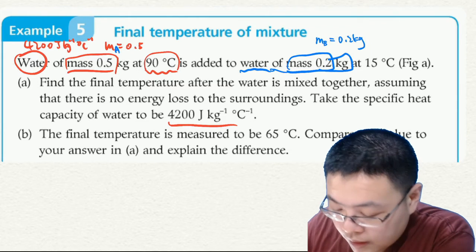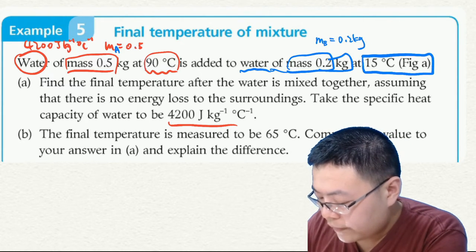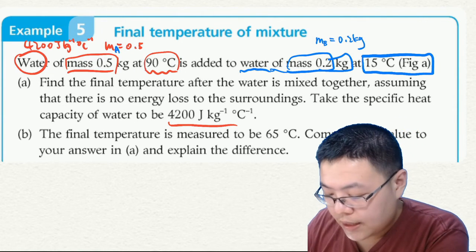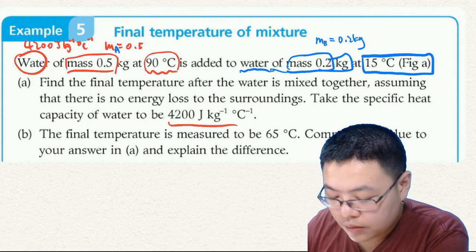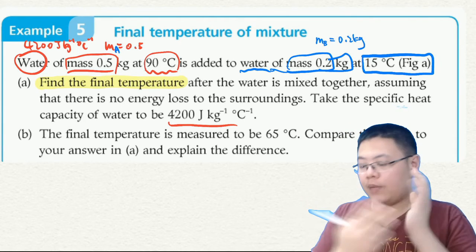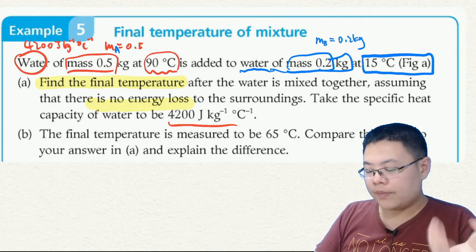Let's say this is MA, this is MB. This time the water is at 15 degrees Celsius, so it's very cold. The question asks us to find the final temperature after the water is mixed together. Assume there is no energy loss to the surroundings.